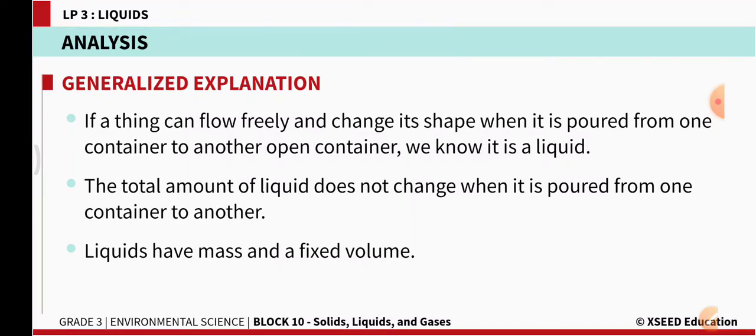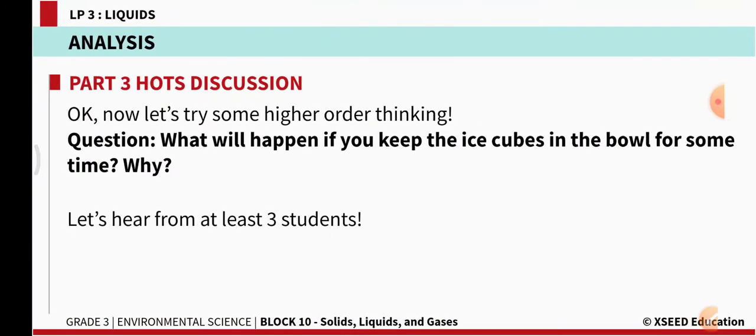Liquids, we can pour them and they flow very freely from one container to another container. The total amount of liquid does not change when it is poured from one container to another container. Liquids have mass and a fixed volume.